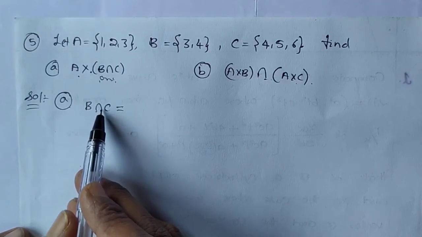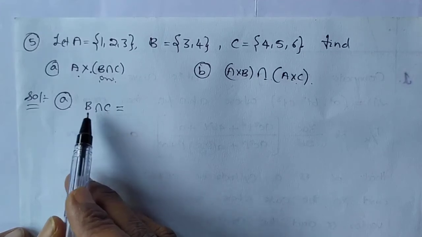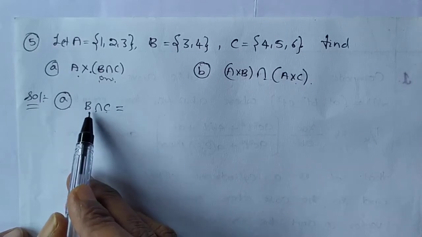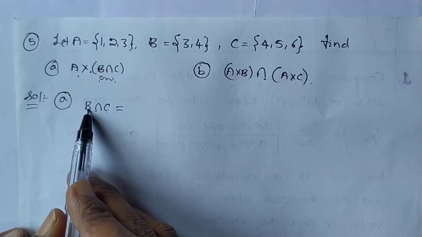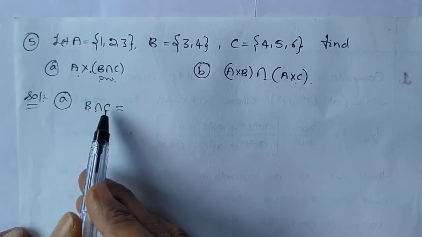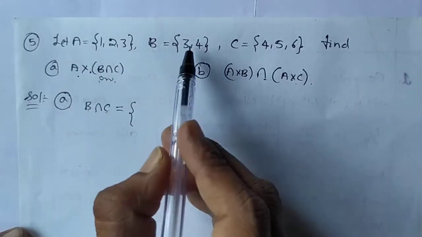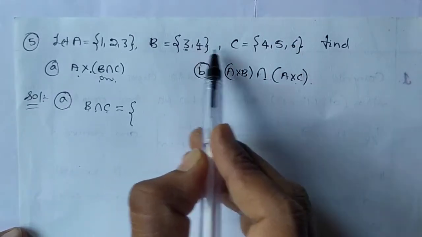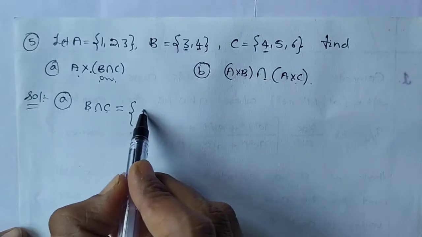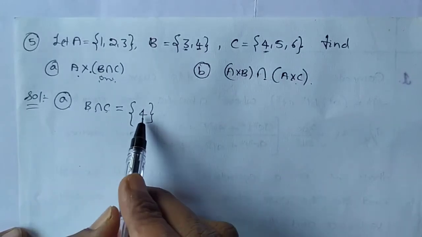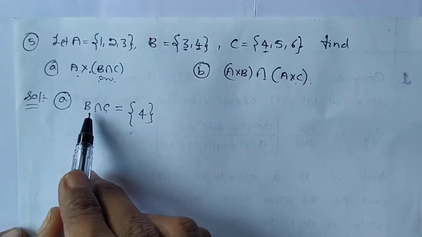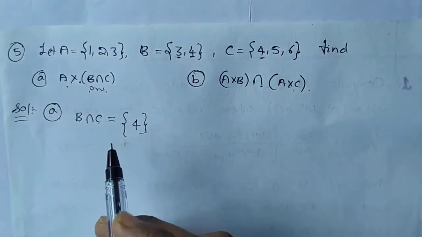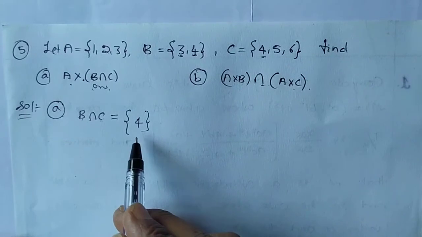You just write down the common elements in the set B and the set C. Here we have 3. Is there any 3 in C? No. Here we have 4, and 4 is in both. The element 4 is the common element in both the sets B and C. B intersection C is 4 only.